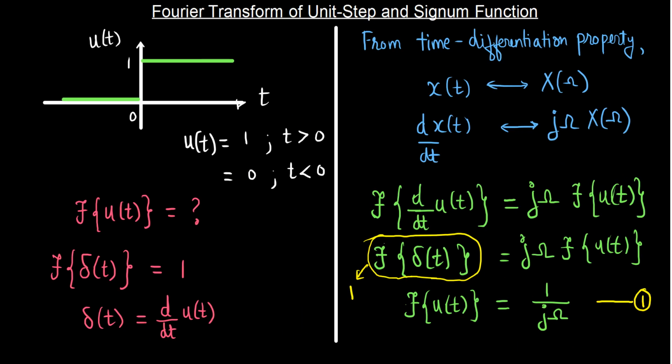First, we calculated the Fourier transform of u of t, the unit step signal, using the time differentiation property of Fourier transform. And while doing that we obtained the Fourier transform of u of t as 1 upon j omega.